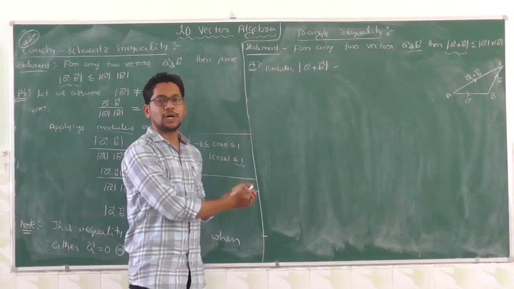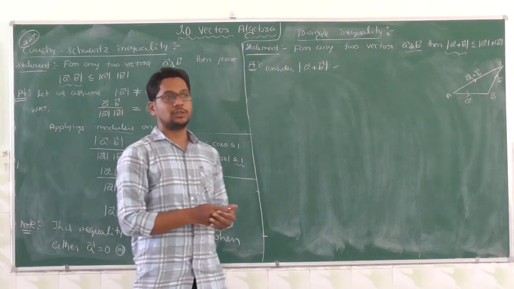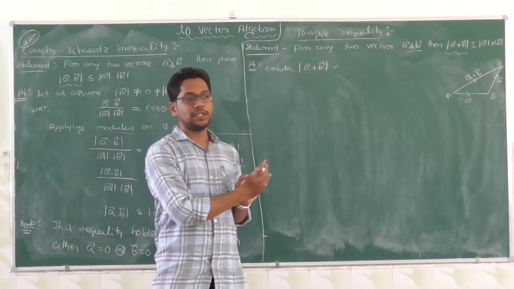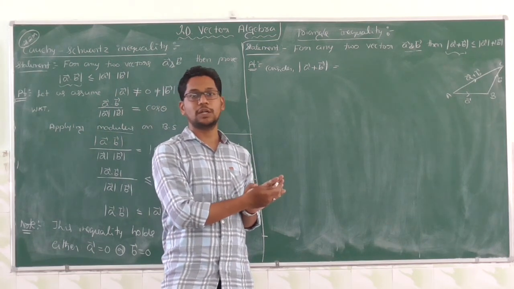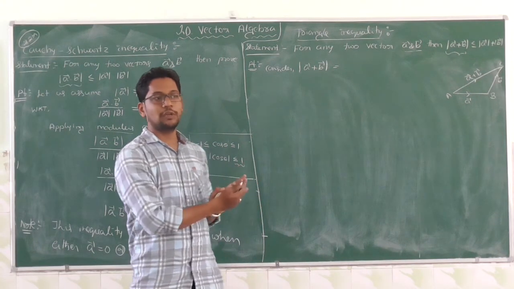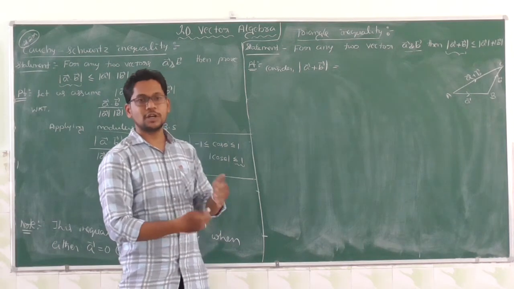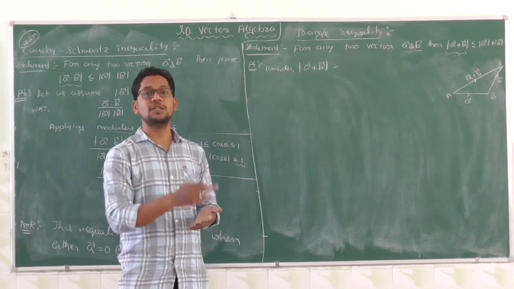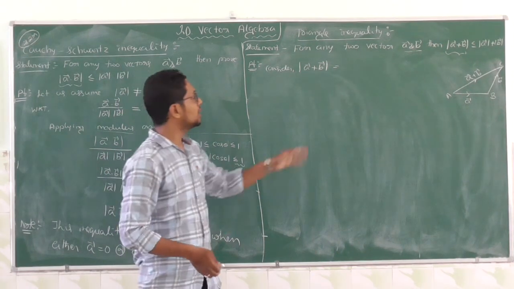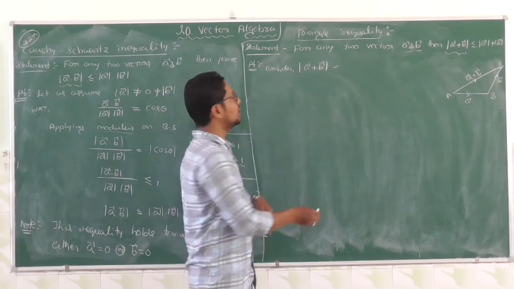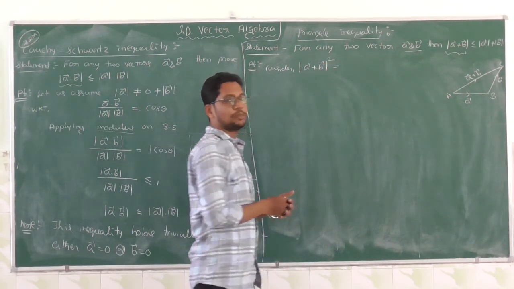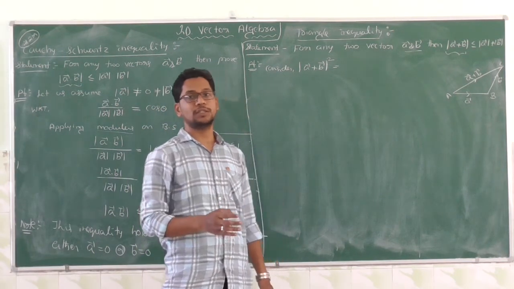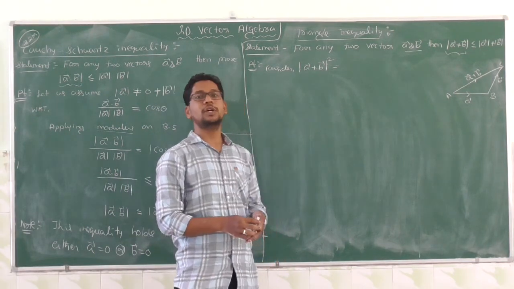In our previous problem, we found the magnitude of A plus B plus C. Which concept did we use there? We took the magnitude of A plus B plus C squared. Similarly, here also we will take the magnitude of A plus B squared, because we don't have such a formula to find the magnitude of A plus B directly.